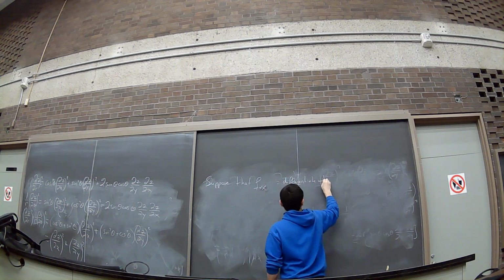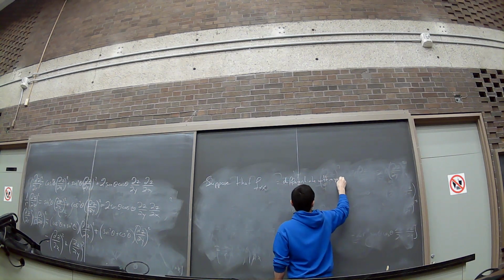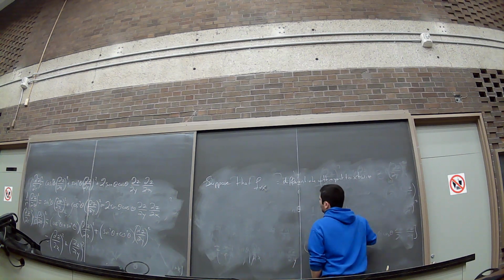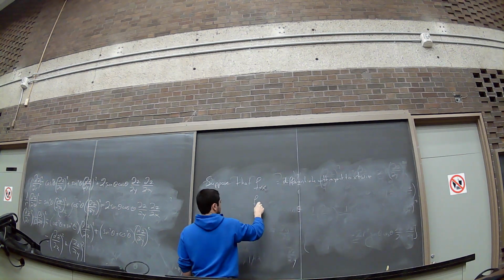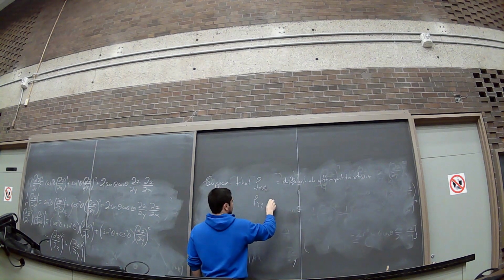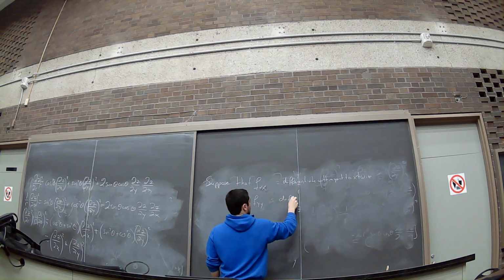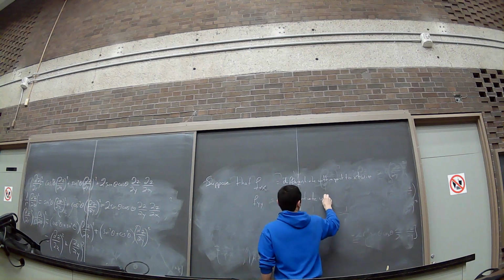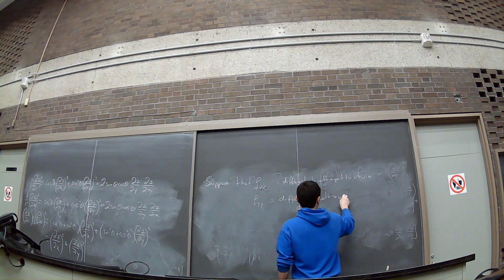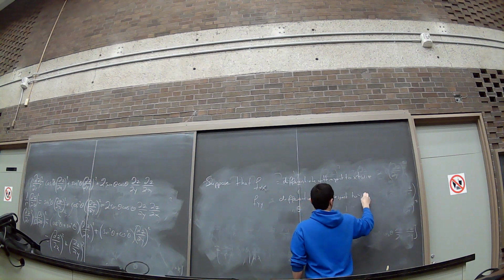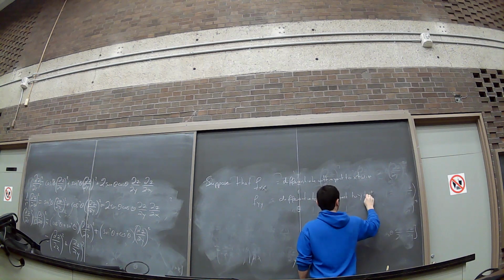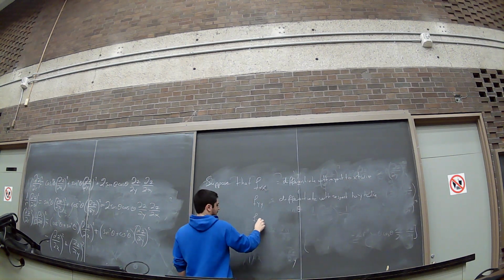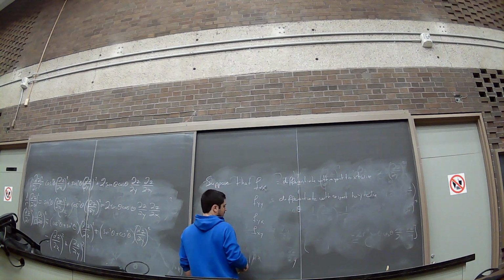Differentiate with respect to x, then y. And what is fyy? With respect to y twice. Okay? Now the problem is that fyx and fxy.